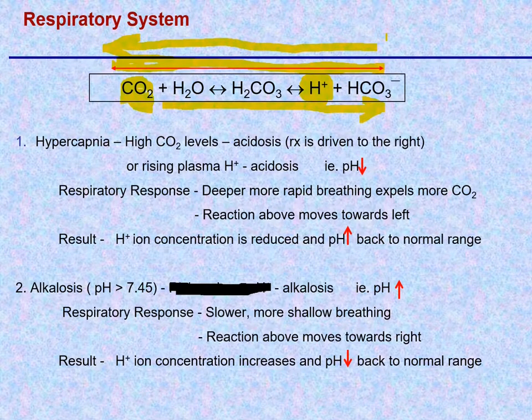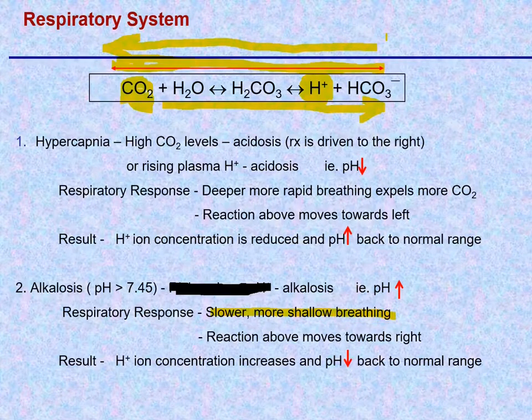Alkalosis is when the pH is higher, and the respiratory response is to slow down. The brainstem will sense that and get that information also from chemoreceptors in the aortic body and the carotid bodies, and you'll get slower, shallower breathing.